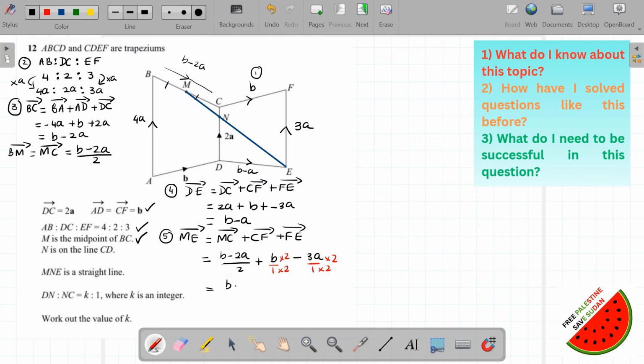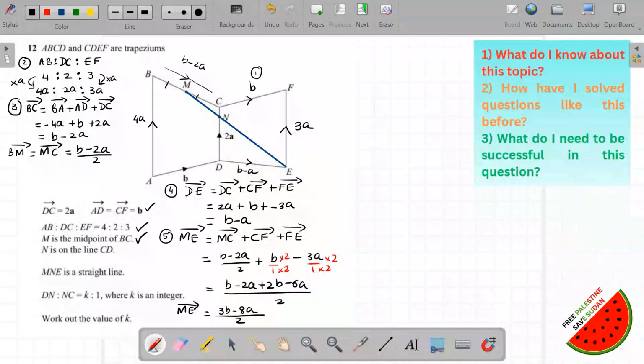So I get (b minus 2a plus 2b minus 6a) over 2. That's (3b minus 8a) over 2, and that's the vector ME.